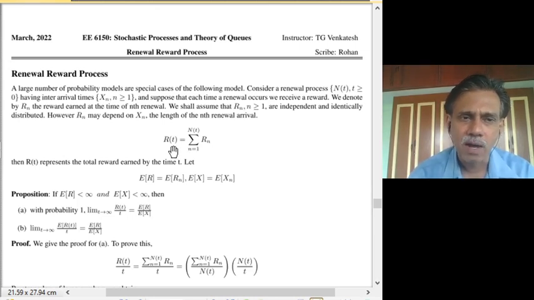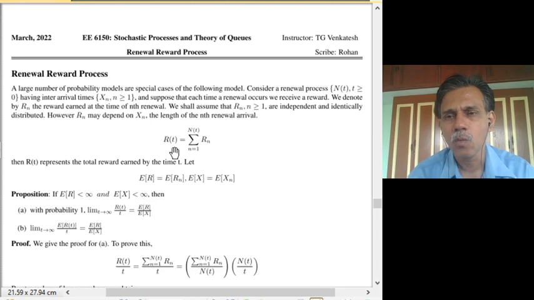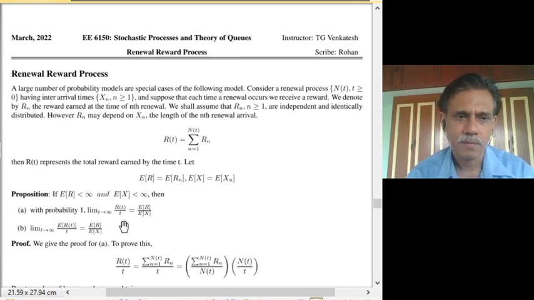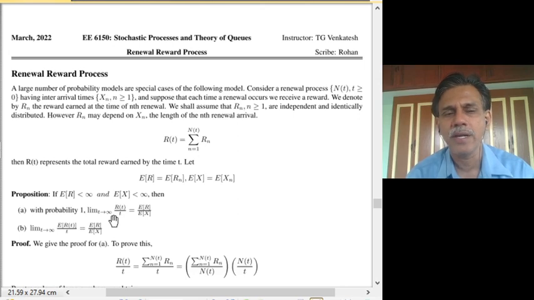First of all, what is R of t? It is the cumulative reward that we have got till time t. If we divide it by t, it will give you the rate at which we get reward. And to make this average a meaningful one, we take the averaging duration t to tend to infinity.